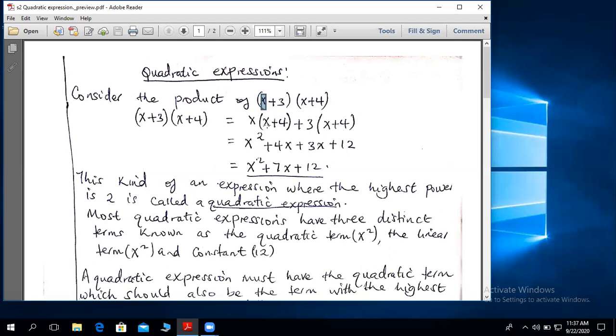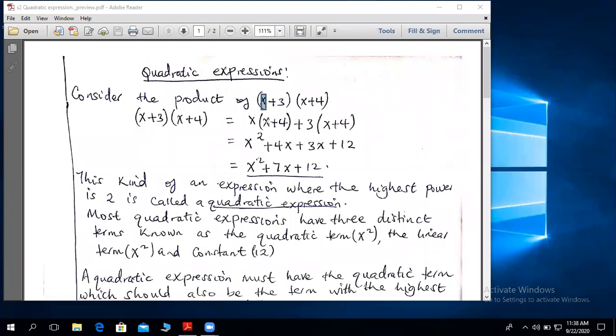So x times x, the answer is x squared, just as 2 times 2 is 4. I want you to understand that properly: x times x is x squared. This will be plus 4x, then plus 3x plus 12.